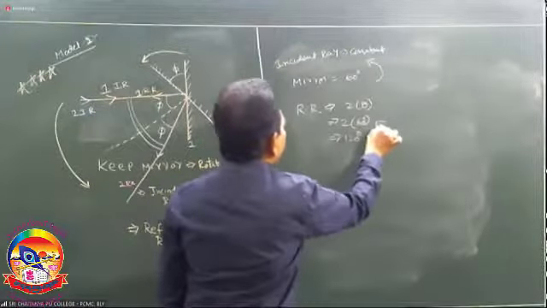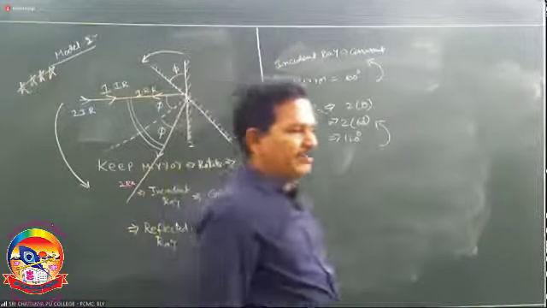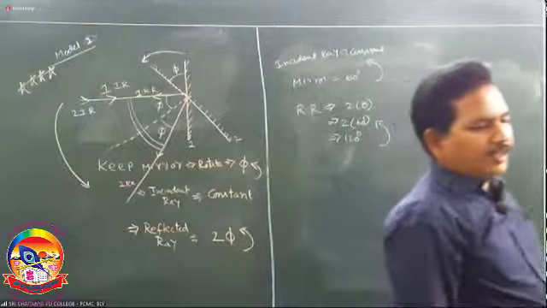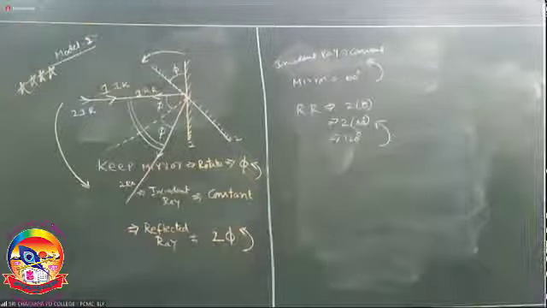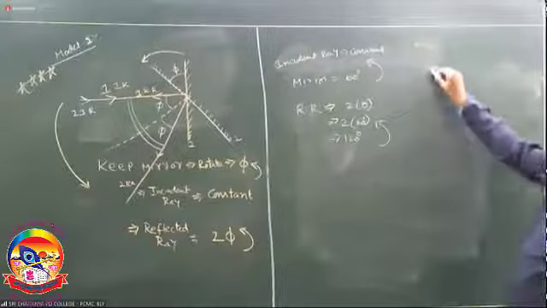In what direction? Same as that of the mirror. If the mirror rotates by 60 anti-clockwise, the reflected ray rotates by 120 anti-clockwise.